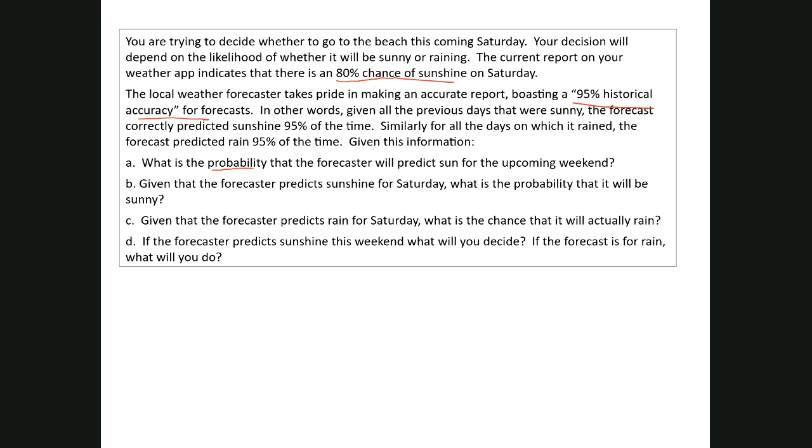We're going to use the word sun to indicate that the weather is sunny. We're going to use the word rain to indicate that the weather is rainy. And then we have forecast.